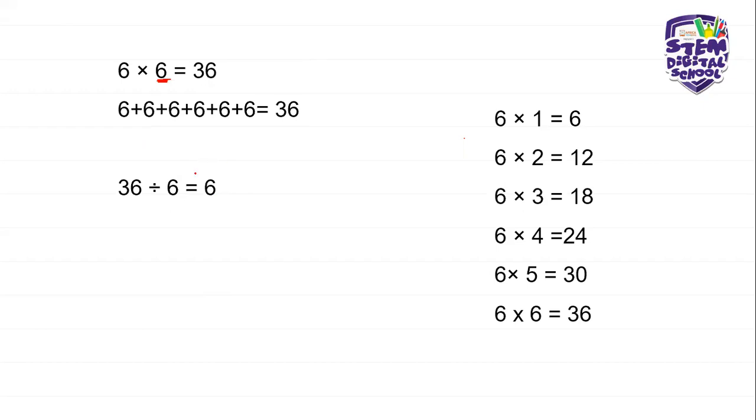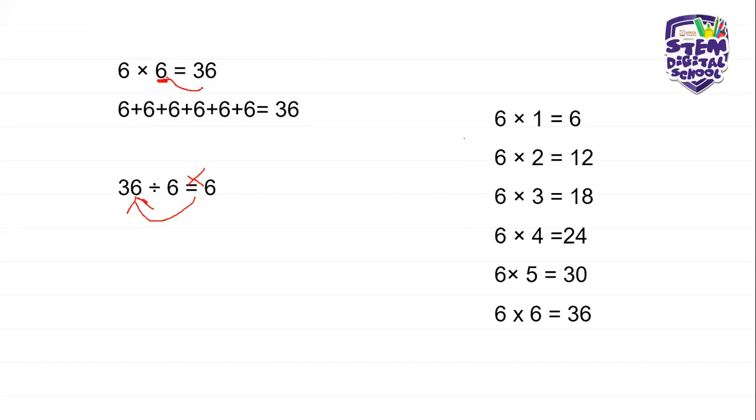And hence, that's why we say the inverse of it is division. For example, to find what I must multiply with 6 to get 36, I'm going to divide 36 by 6, which is 6. Because these two multiplied together give me this.